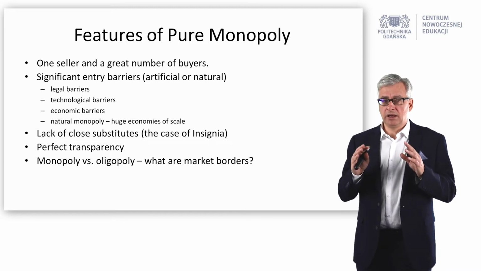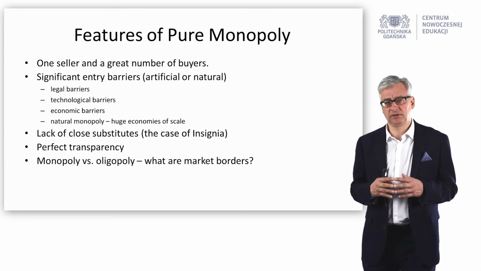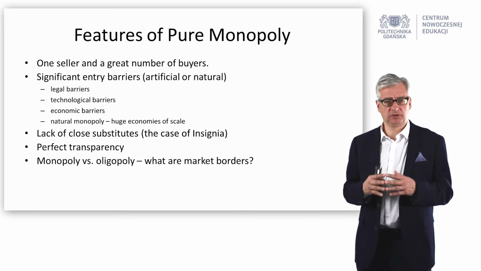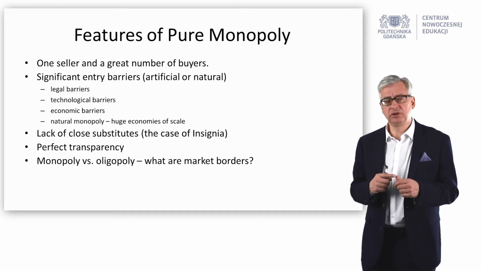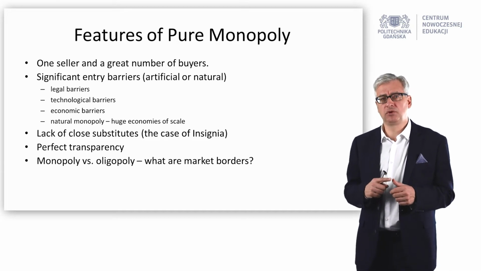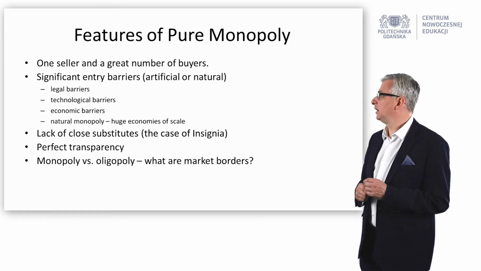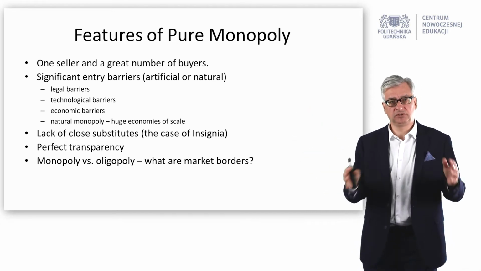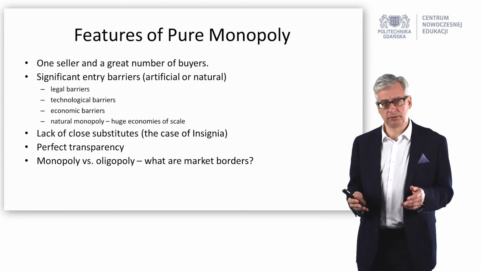There are little problems with understanding what pure monopoly is about, and those problems stem from actually two issues. The first one is we need to remember that pure monopoly means there are no close substitutes to the product. So I mentioned the case of Insignia here, because Insignia is a model of a car that is produced by Opel.